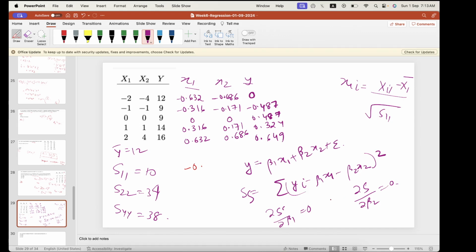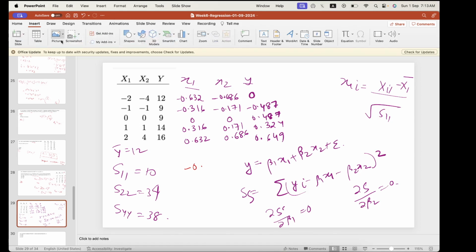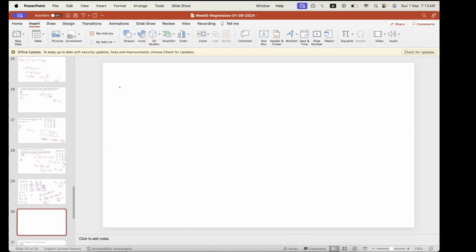So SS is summation yi minus beta 1 x1i minus beta 2 x2i whole square.